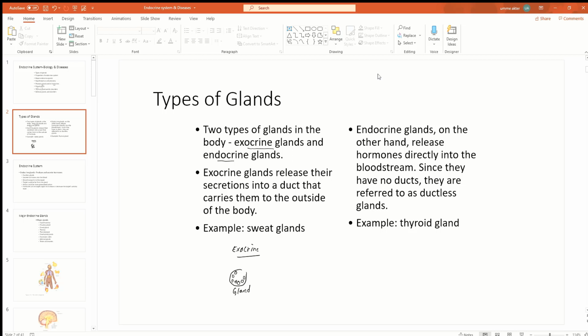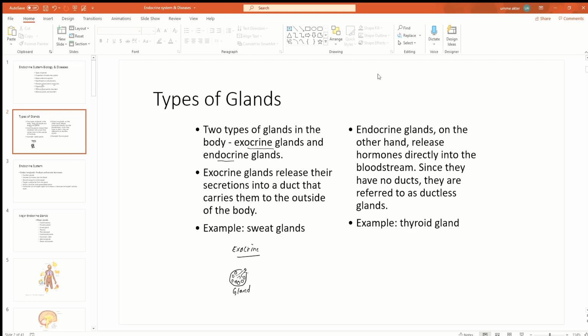And you will see inside the gland tube-like structures. Those are called the ducts. And small ducts join to form the larger duct. And finally, the large duct gets out from the gland, like this.